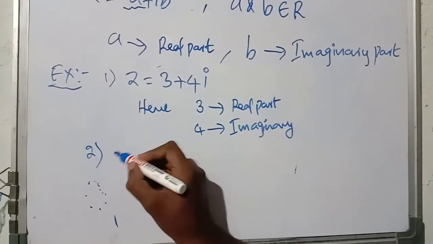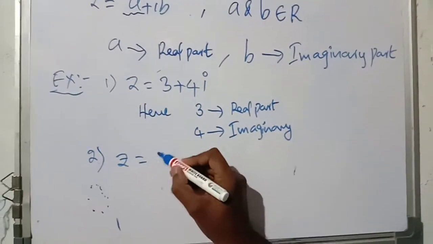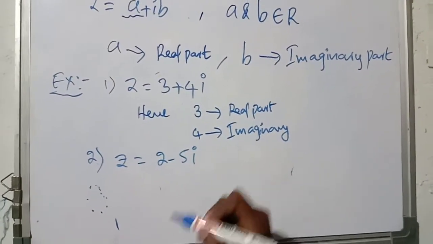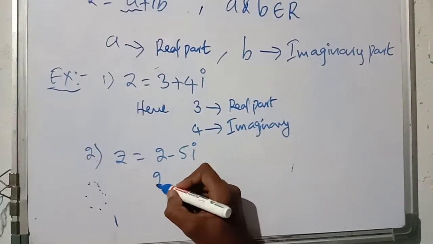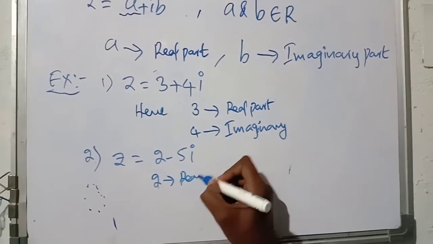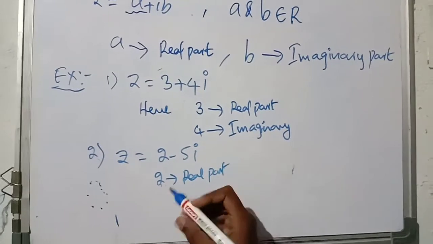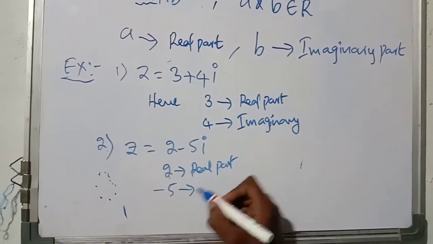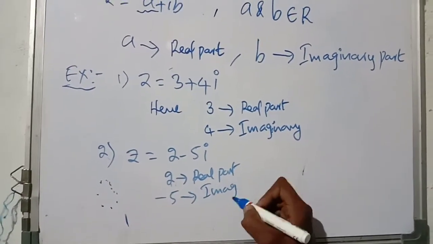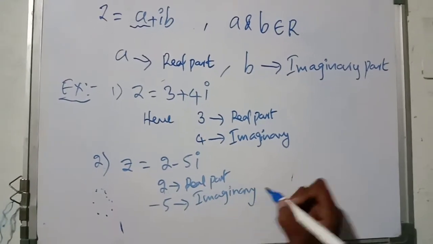Second example, z equals 2 minus 5i. Here 2 is the real part and minus 5 is the imaginary part.